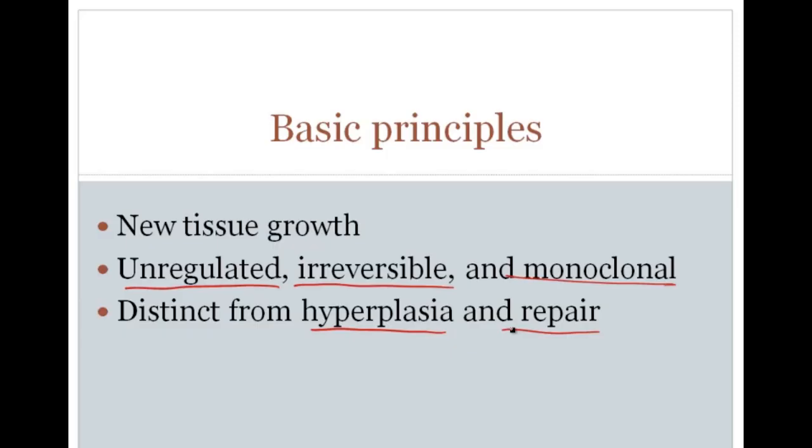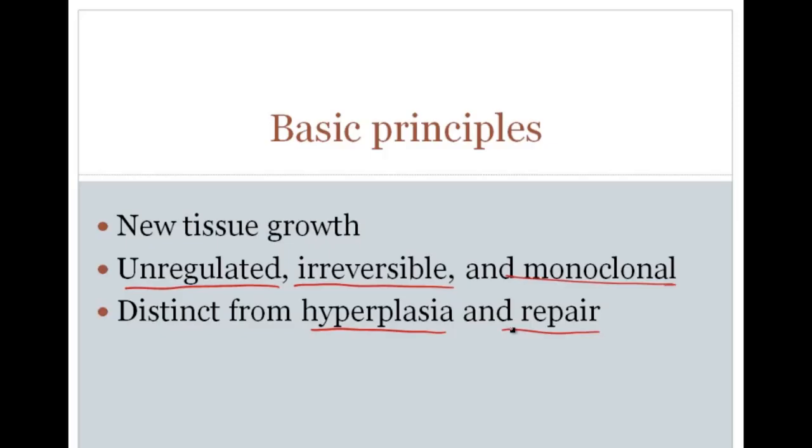However, hyperplasia is regulated by the physiology of the pregnancy. It's reversible. When the woman delivers, her uterus will shrink down to normal size. And it's polyclonal. By polyclonal, we mean that multiple cells produce daughter cells, which results in the hyperplasia. Whereas cancer is monoclonal.